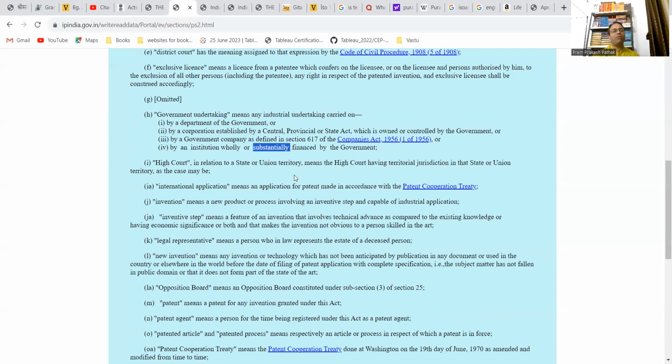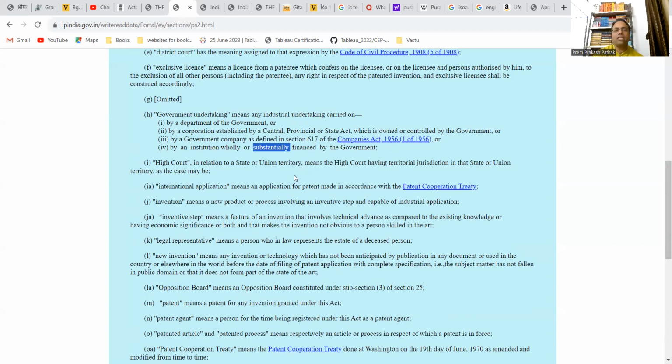It is not defined by percentage, but it says substantially. So this needs to be interpreted very clearly. For our exam purpose, substantially means if there are two parties, the government has the highest share, their funding is more, and therefore their right is more.